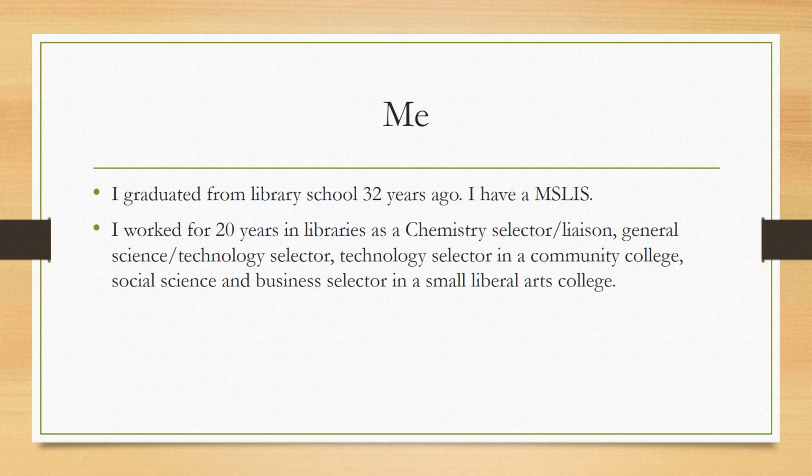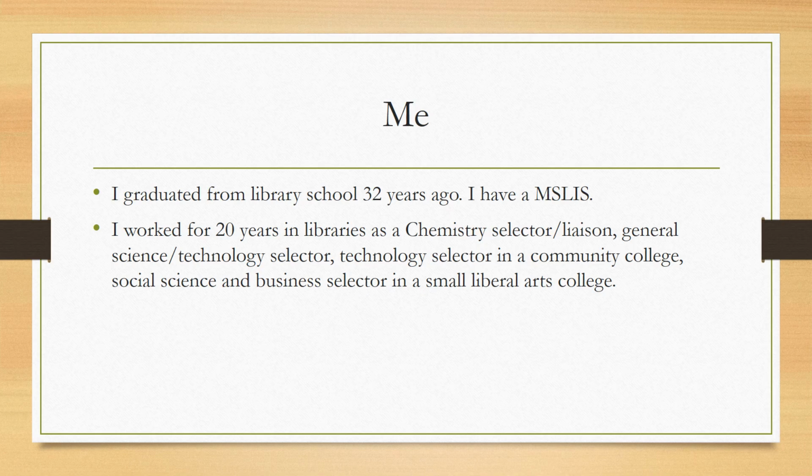I graduated from library school 32 years ago. Actually, it's going to be 33. My degree is called a Master of Science in Library and Information Science, from Simmons College in Boston, and I worked at several schools in Boston as a chemistry what they call a selector. We'll figure out what a selector is as we go along.